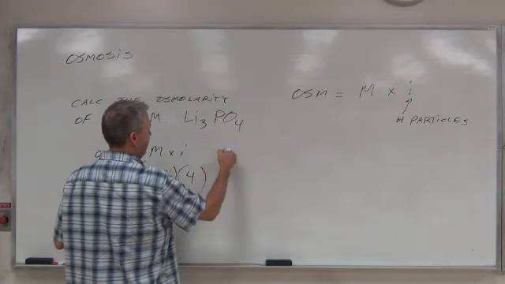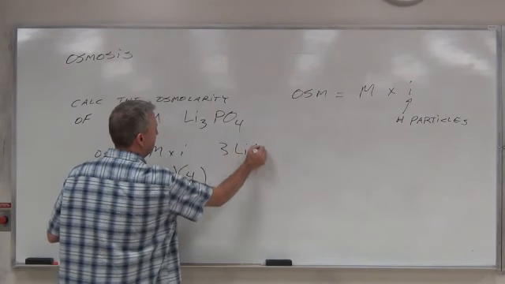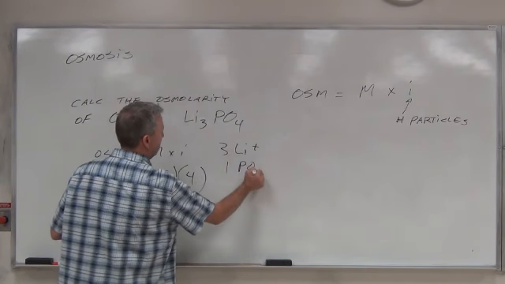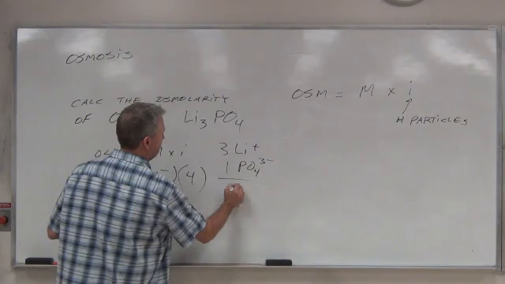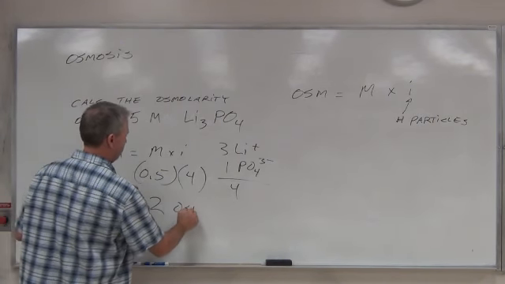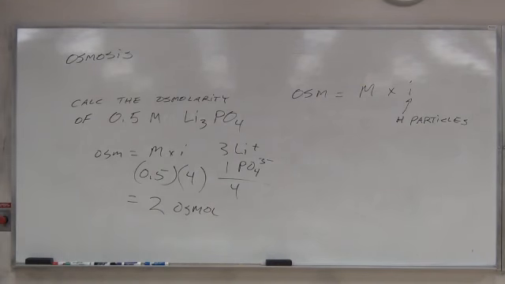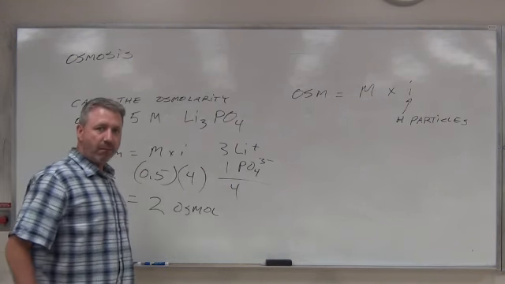We have 3 lithiums, 1 phosphate, 4. Good? I'm trying to understand where we got the 4 from. Like I'm seeing it, I'm not completely understanding.